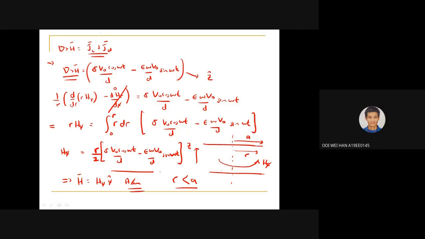Doctor, may I know for the current, is it compulsory that we put the z direction? Compulsory to put z. What do you mean by that? If you want to do it not in z direction, is it okay?